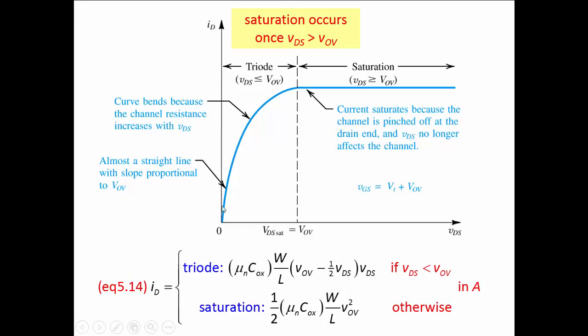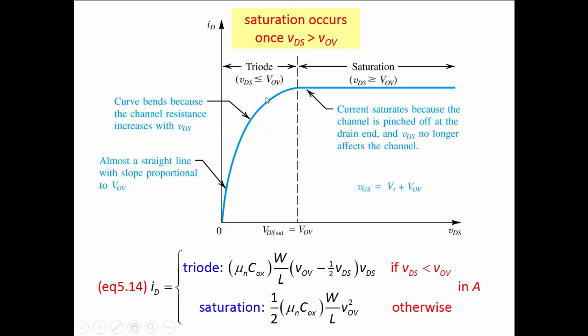And this, when plotted, gives rise to this initially linear looking curve, which is the region that we first looked at, the small VDS. But as we increase VDS, moving to the right horizontally, the minus 1/2 VDS becomes non-negligible compared to VOV, and that produces this curve, this decreasing slope.